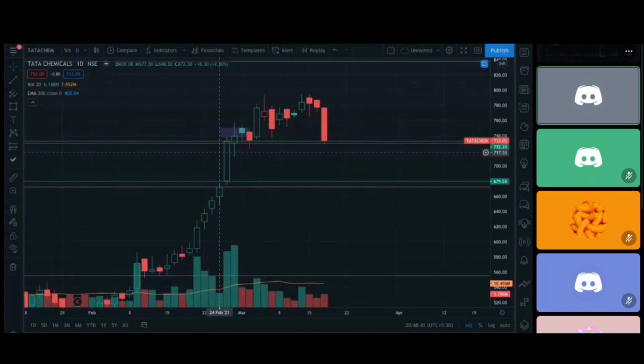Let's use this as a reference candle right here. As long as our stock price is above this candle, my trend is still bullish. But if this shifts, our reference changes to this candle and this candle, because these are also white body candles.